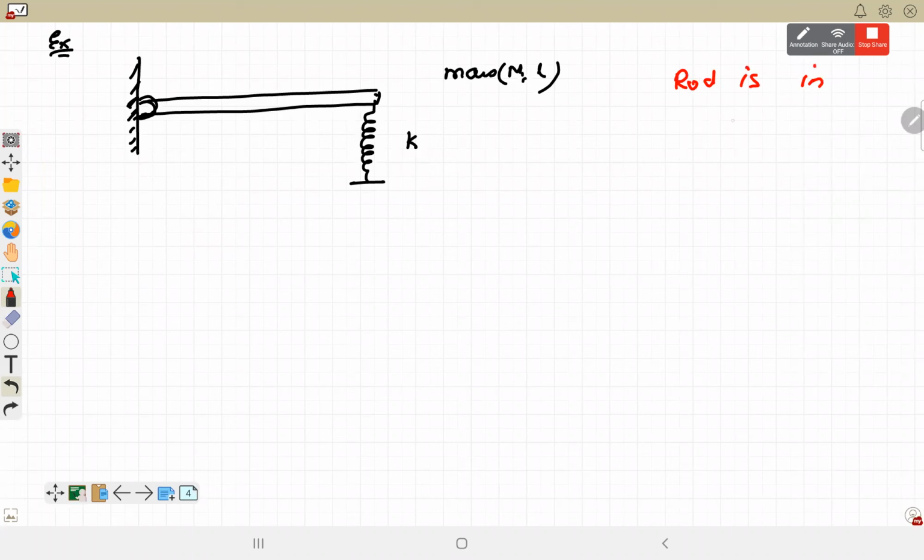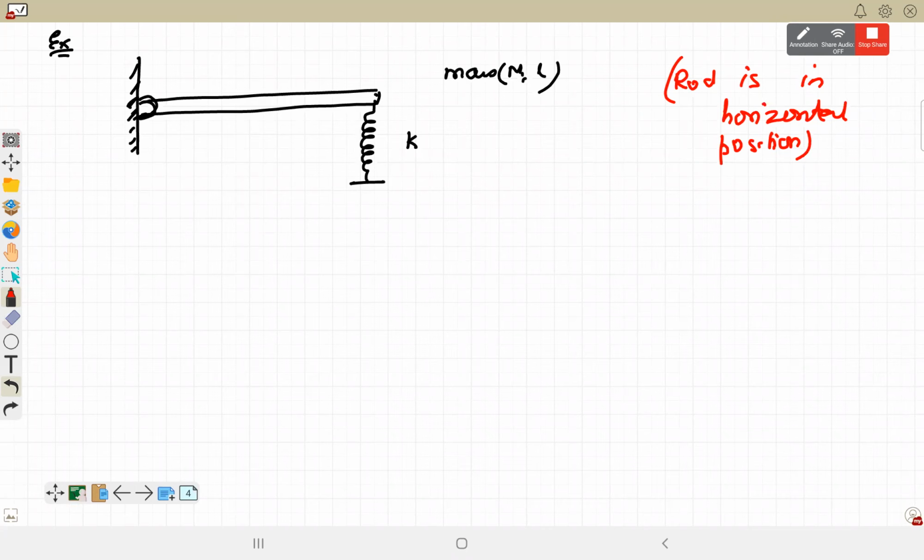So जैसा हमने डिस्कस किया था, there will be a first condition for equilibrium, and equilibrium में जो भी condition होगी वो हमेशा cancel out हो जाती है.